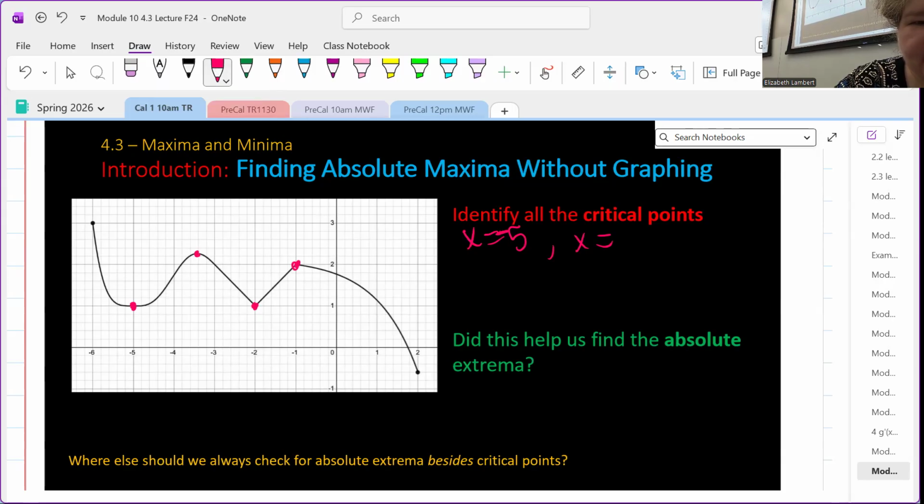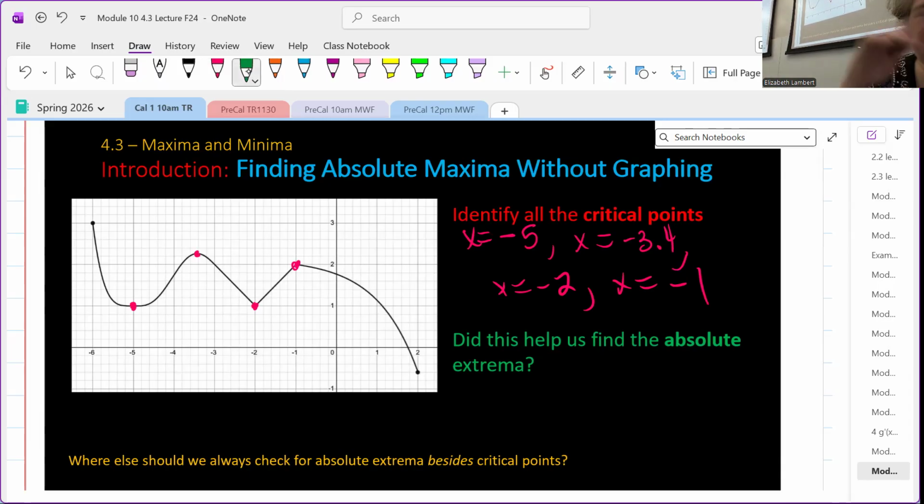Oh, sorry, that's -5. Looks like about -3.4, -2, and -1. Now, looking at the graph, where's the absolute max? Yep. And our absolute min was at 2.